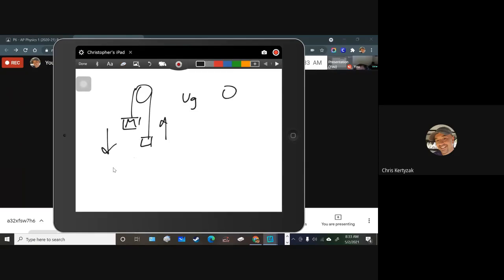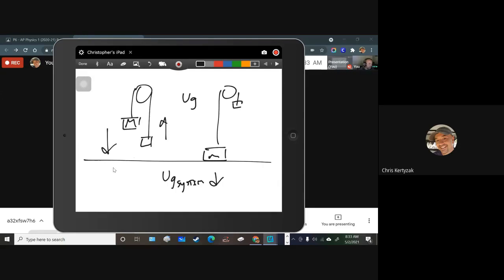So in the next image, the big guy is all the way down on the ground, and this guy is dangling up here, right? So the potential energy of the system is going to be going down for the system.